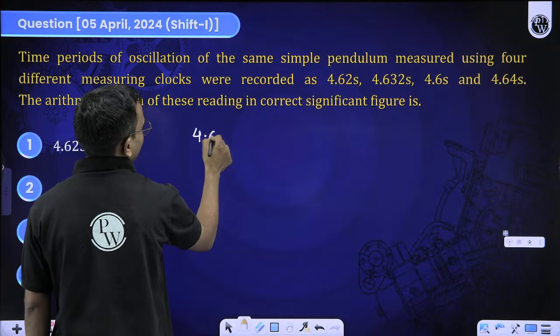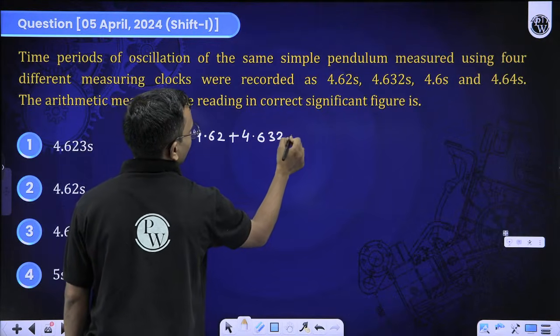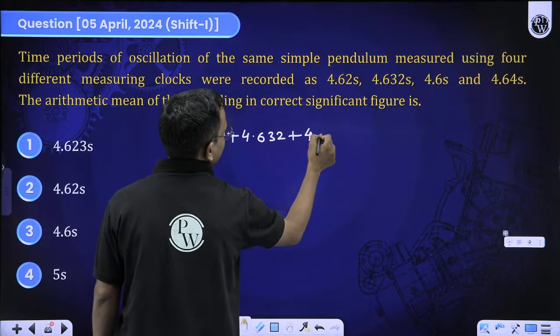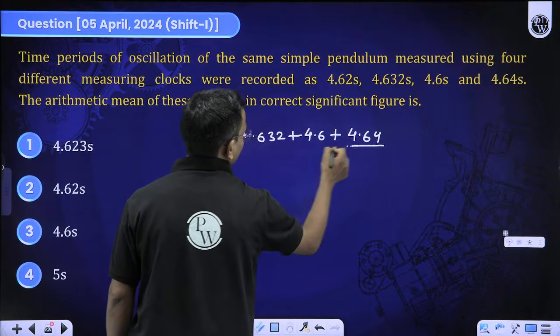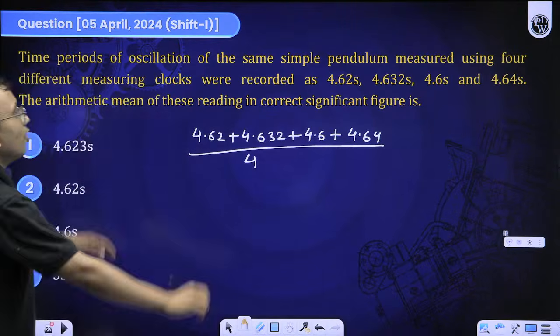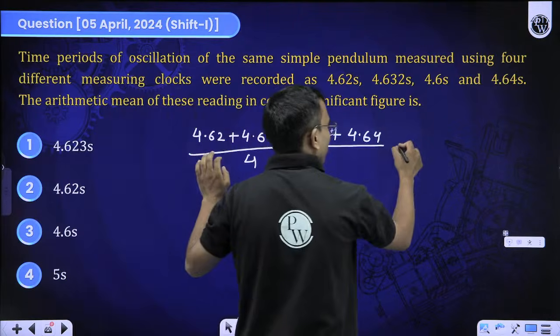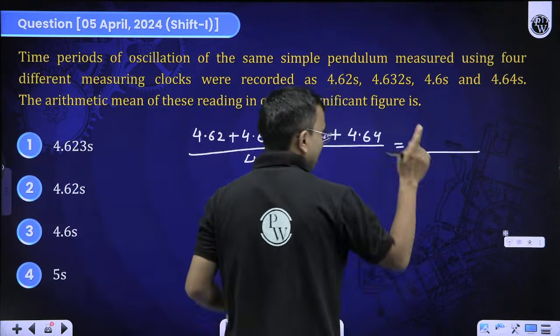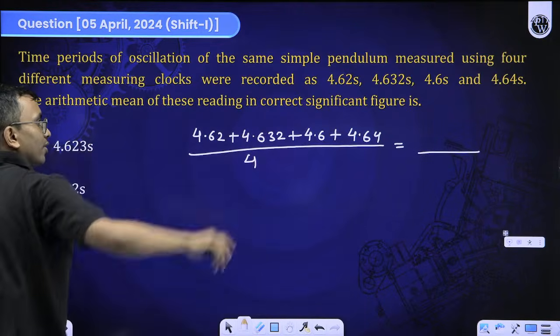This is 4.62 plus 4.632 plus 4.6 plus 4.64. Divide that with 4. First add them, divide with 4, write the final answer, then round it off to convert it into the required form.